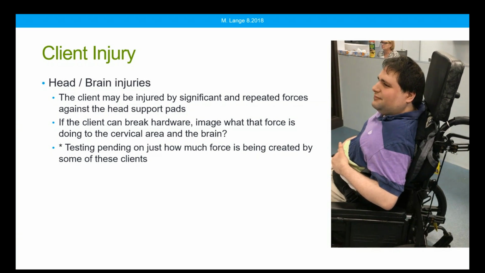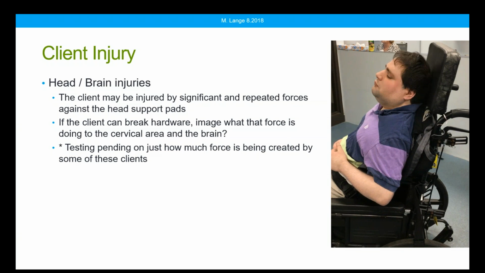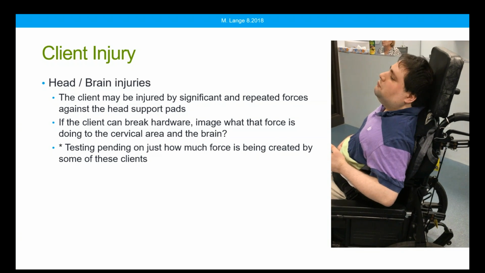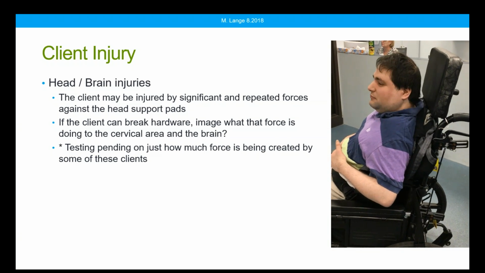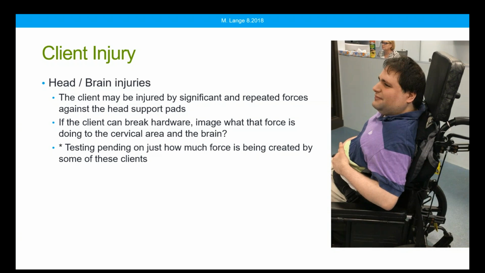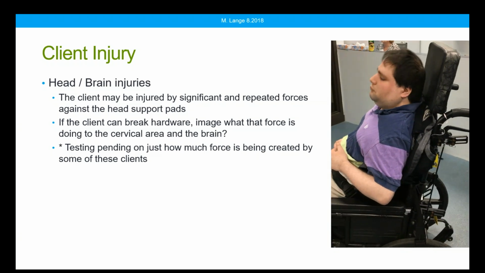Because we do have research that lets us know how much force is required to create a concussion. We just don't know how much force someone like Philip here is actually exerting during these movements.